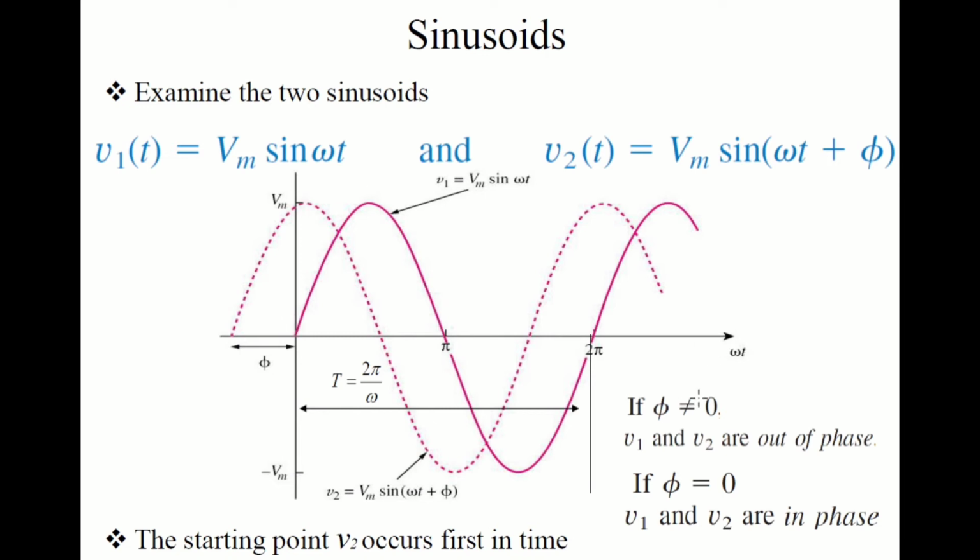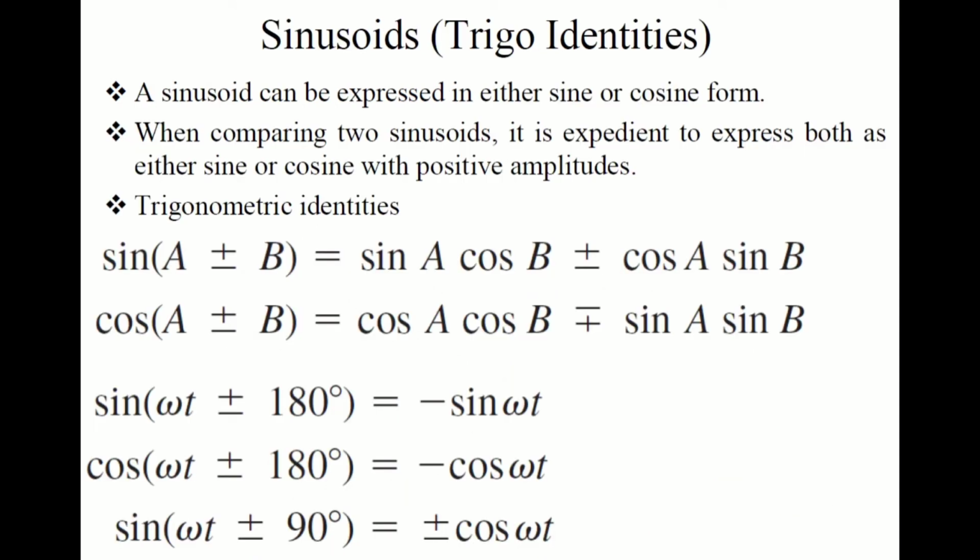If phi is not equal to 0, v1 and v2 are out of phase, while if phi is equal to 0, v1 and v2 are in phase. So a sinusoid can be expressed in either sine or cosine form.